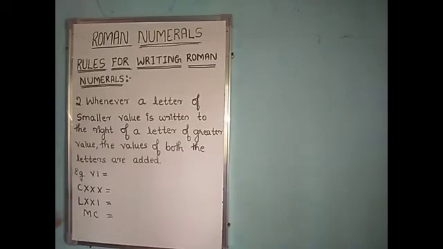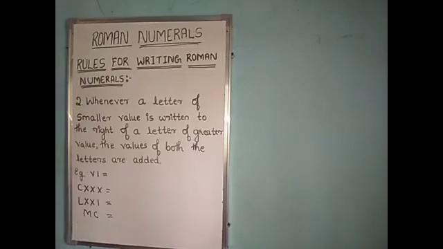Here, the letter of smaller value I is written to the right side of the V. So what do we have to do? We have to add the numeric values of both the letters.